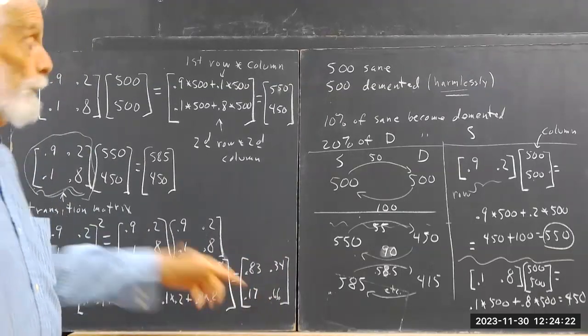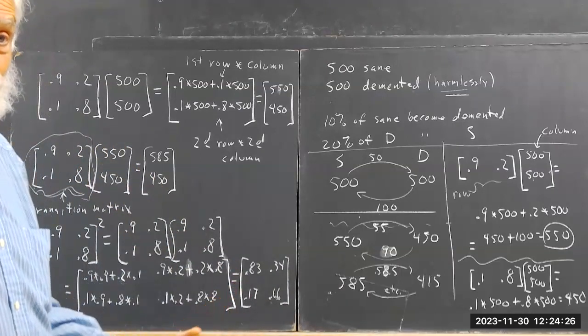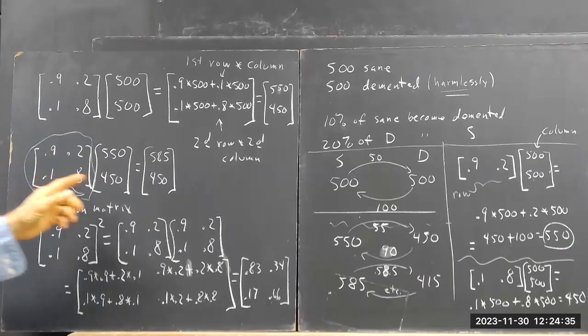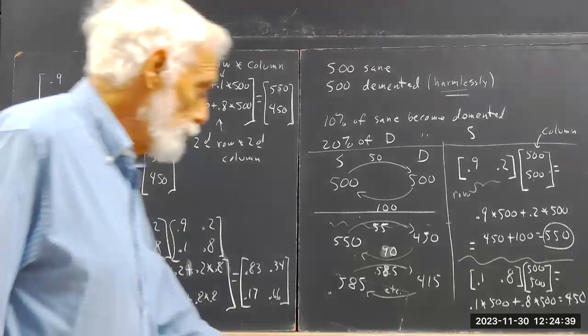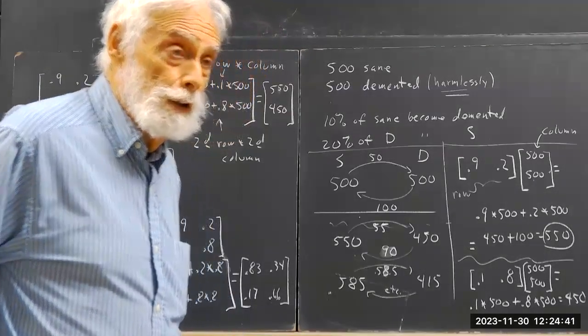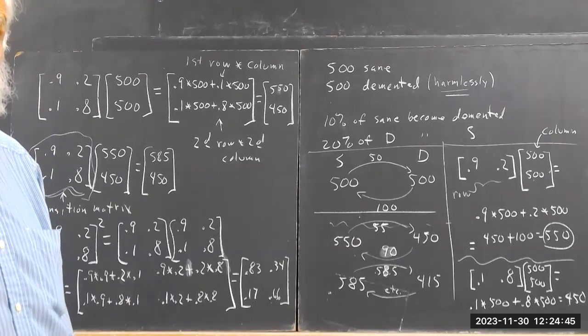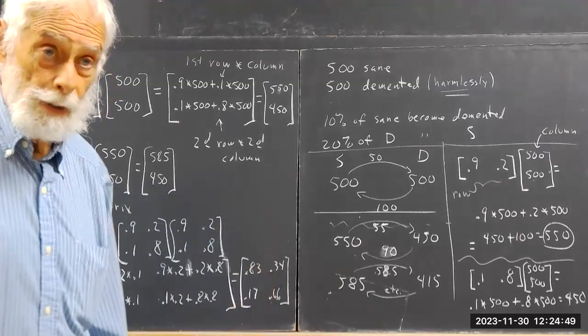So these matrices are called stochastic matrices. They're transition matrices. Anytime you take a power of one of them, you still get a stochastic matrix. Then you need to explore the idea: what if you multiply two of them? Is it still going to be stochastic? Is it still going to have columns that add up to 1?